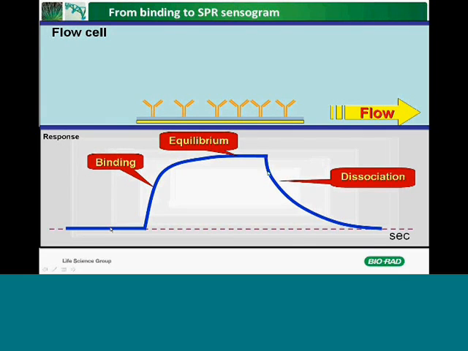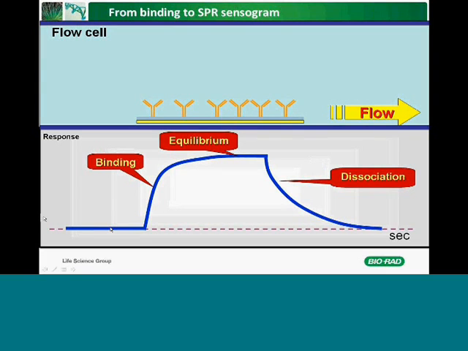When the injection ends, there is dissociation, so the analyte dissociates from the ligand. And this curve, or sensorgram, is the output of a single analyte concentration. So one analyte concentration was injected over the ligand, and you have this sensorgram.